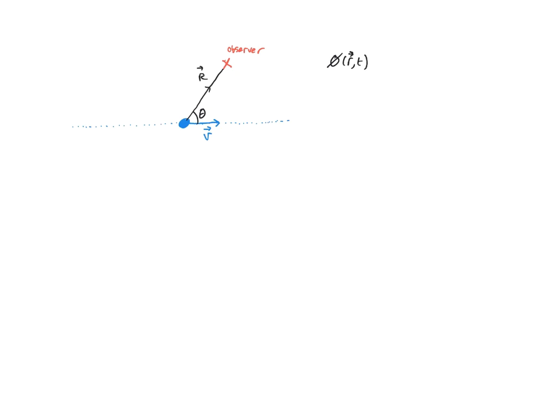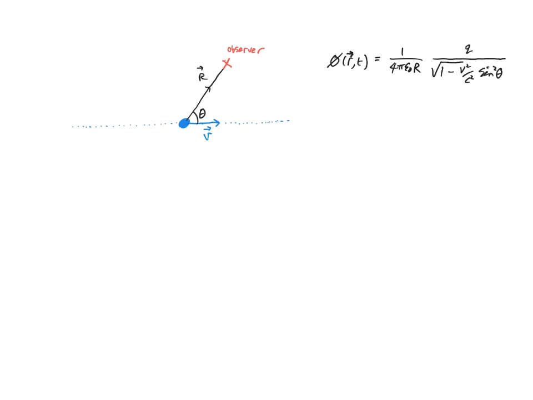the potential at the observer located at position R and at an instantaneous moment in time t is equal to 1 over 4 pi epsilon naught capital R. Capital R here is the length of the vector R, times q over the square root of 1 minus v squared over c squared sine squared theta.